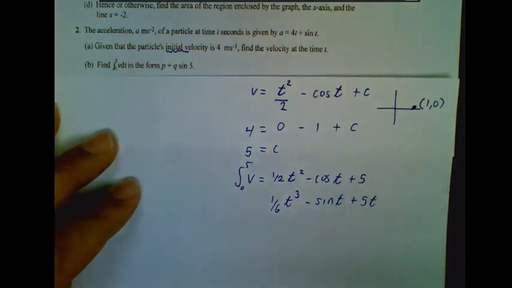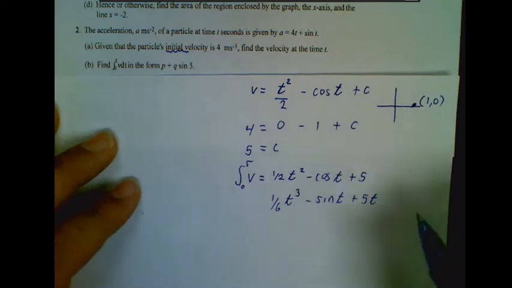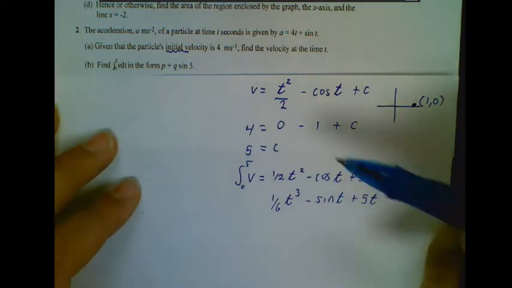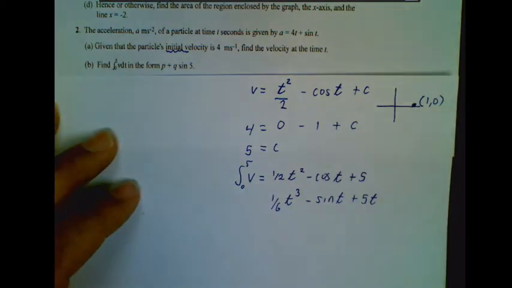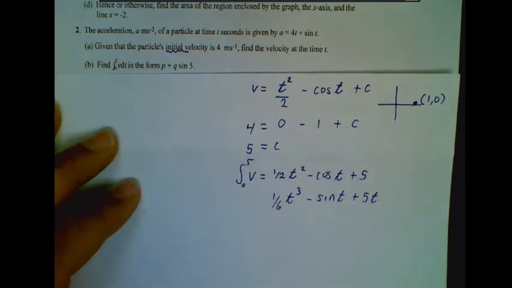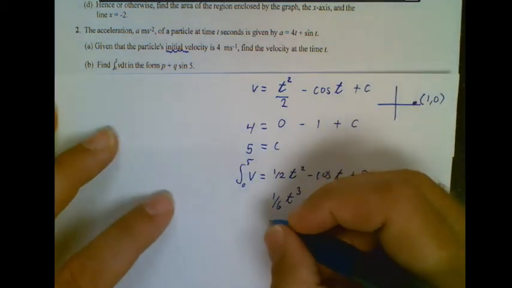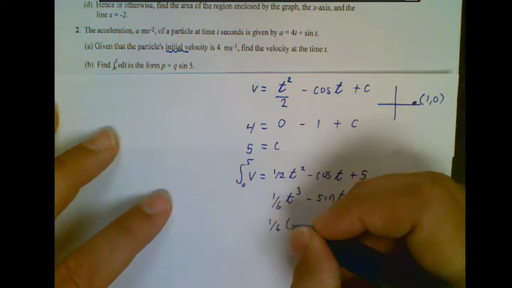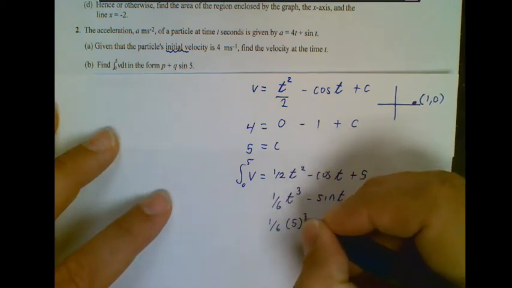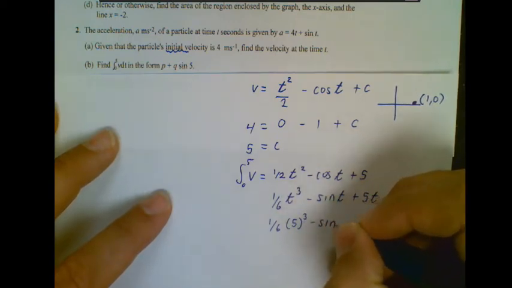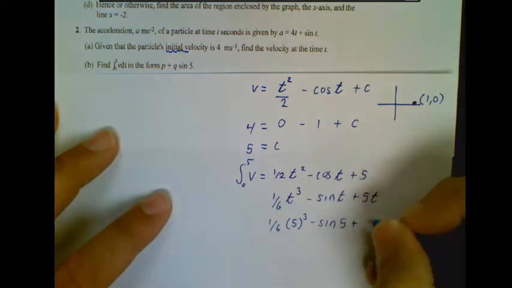So there we go, we have our function. We've got to evaluate it for a couple numbers here. If I start with the 5, we're going to see 1/6 times 5 to the third, minus the sine of 5, plus 5 times 5.